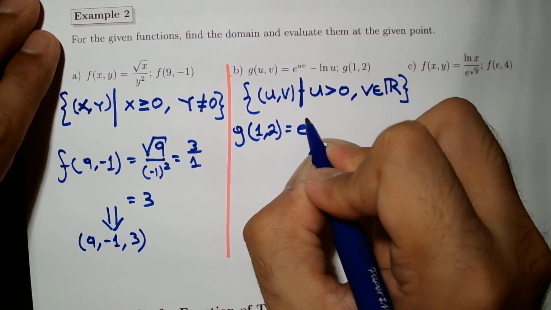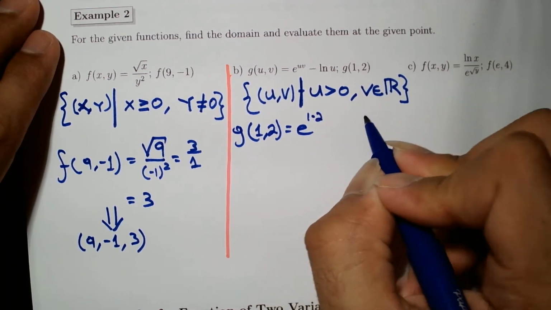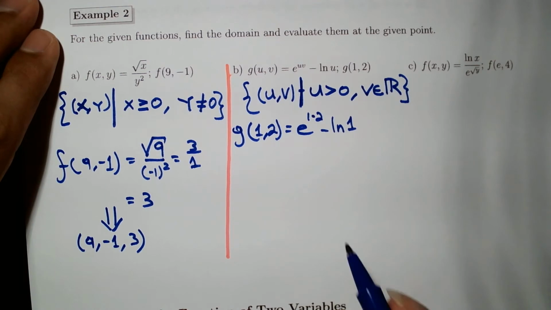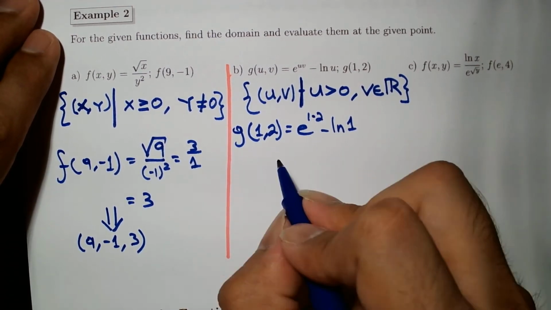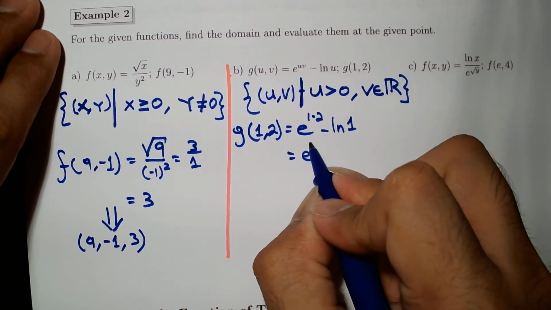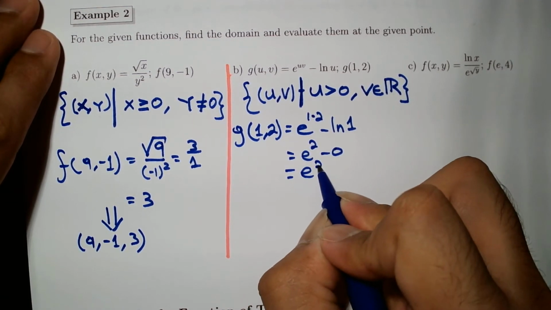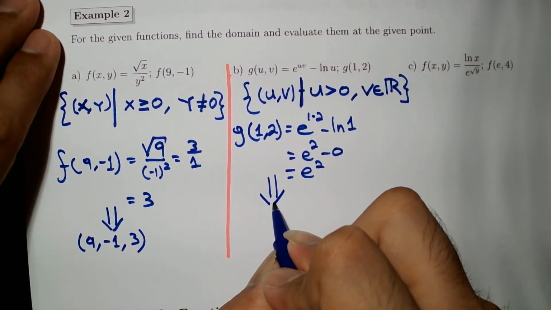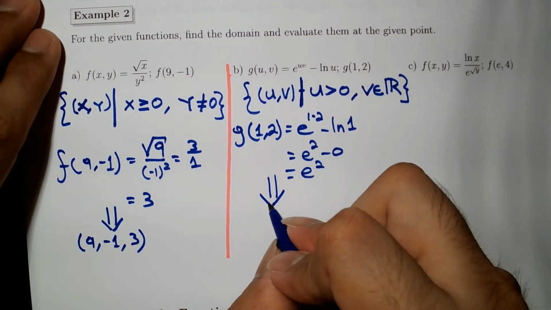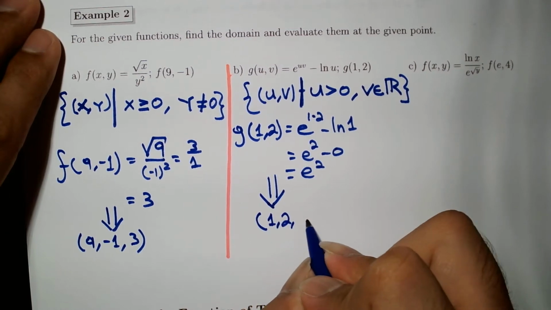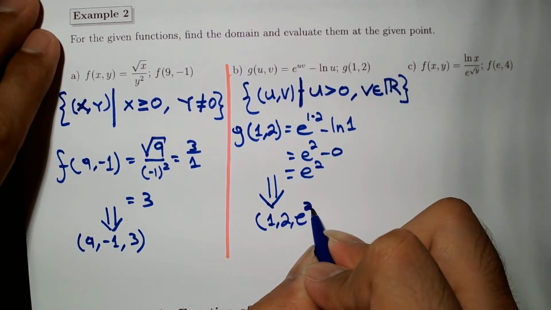So e to the u times v, which is 1 times 2, minus ln of u, which is ln of 1. So e to the 1 times 2, that's going to be e to the second power, but ln of 1 is 0, which is simply going to be e squared. So the ordered triple will be 1, 2, and e squared.